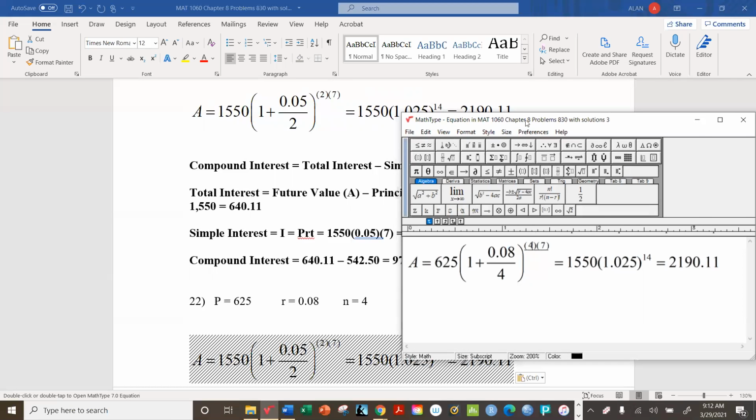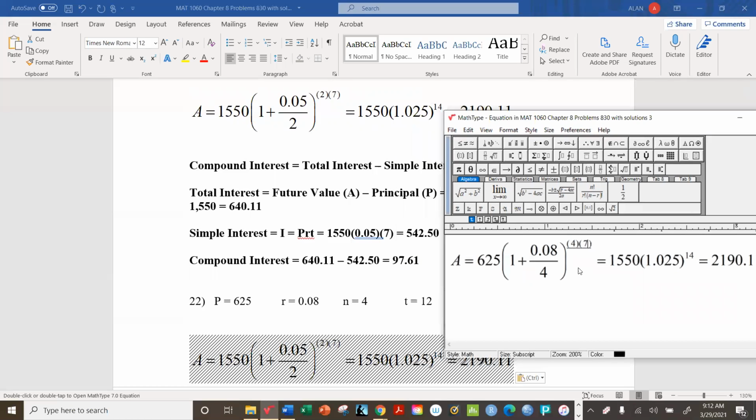So we have 625, 1.02 raised to the 48th power.